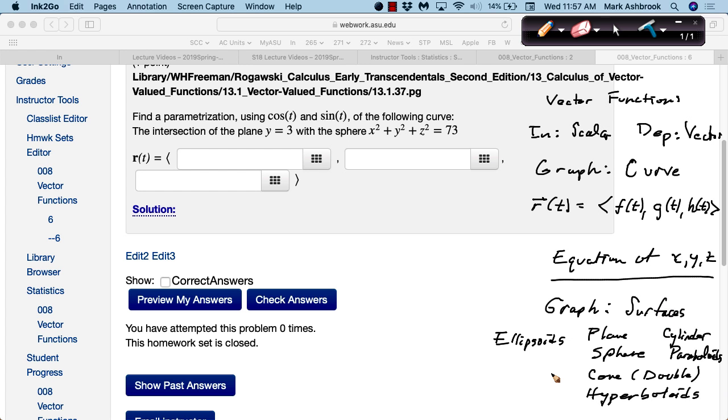Okay, so what happens when two surfaces intersect? Here we've got a sphere, and we intersect it with a plane, y equals 3. So there's some sphere here, and we come along with a plane.